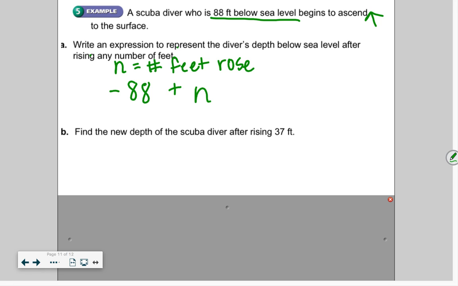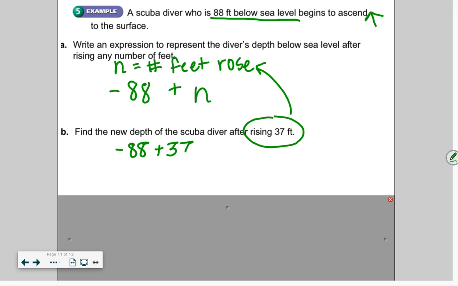B, find the new depth of the scuba diver after rising 37 feet. Well, rising 37 feet, isn't that what we just said our variable was representing? So we're just going to replace it. Negative 88 plus, is that 37 positive or negative? It's positive. They don't match, do they?